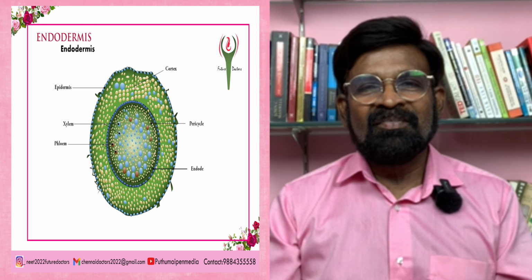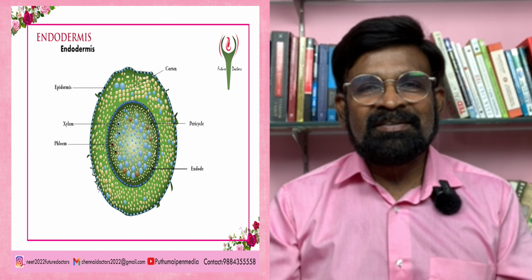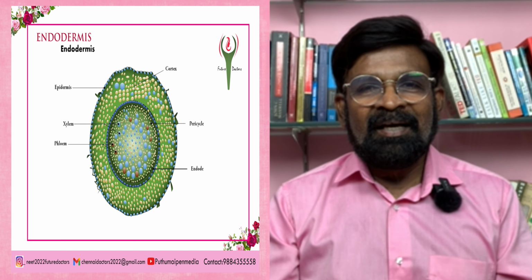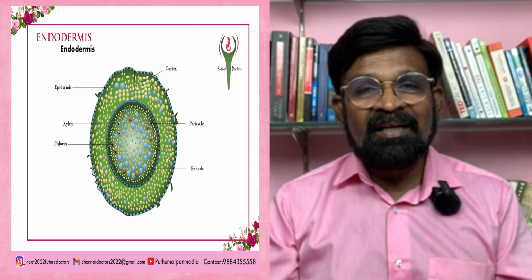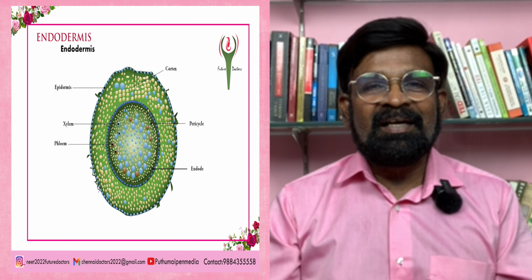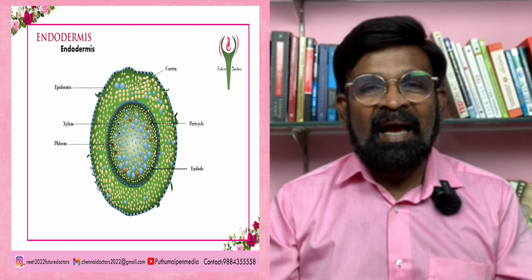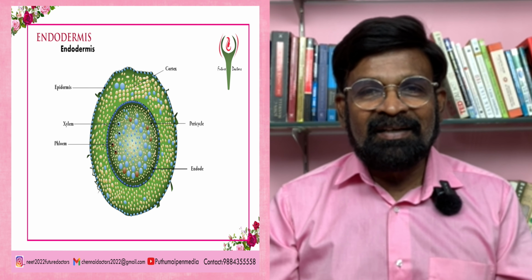Next slide. The innermost layer of the cortex is the endodermis. It comprises a single layer of barrel-shaped cells without any intercellular spaces. They have a characteristic band of thickening along their radial and tangential walls.